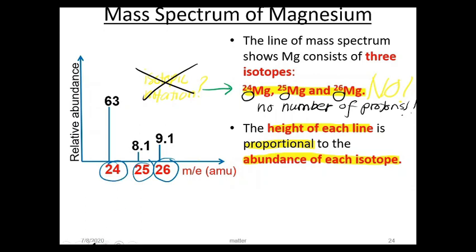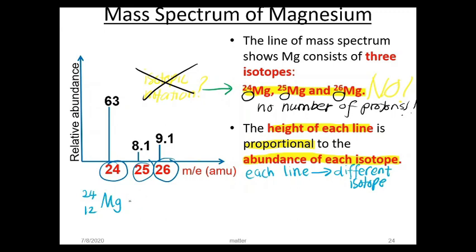So in conclusion, each line refers to a different isotope. For 24 Mg, this is the correct isotopic notation.